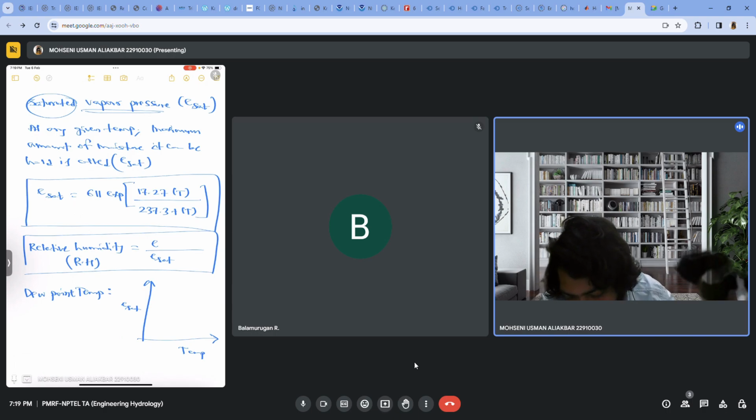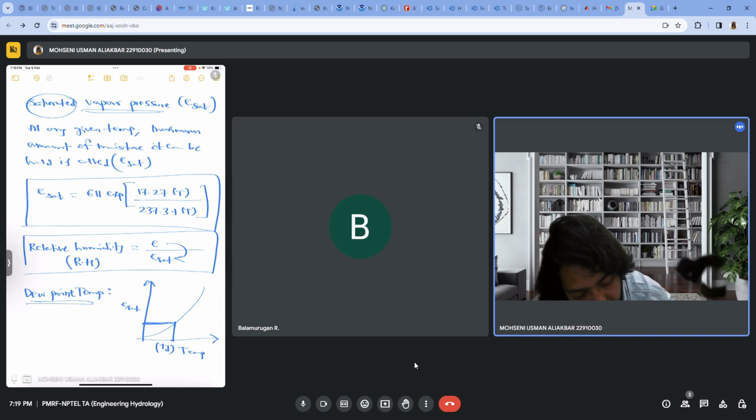With the help of dew point temperature we'll get to know that at any temperature, let us say the graph is something like this, at any temperature, let us say TD, where the vapor pressure becomes saturated, is called dew point temperature. It means where E will become E sat.